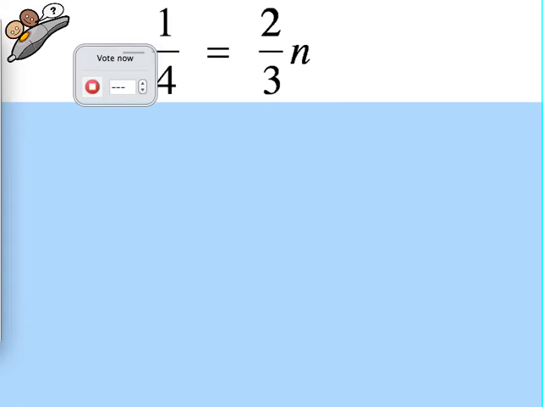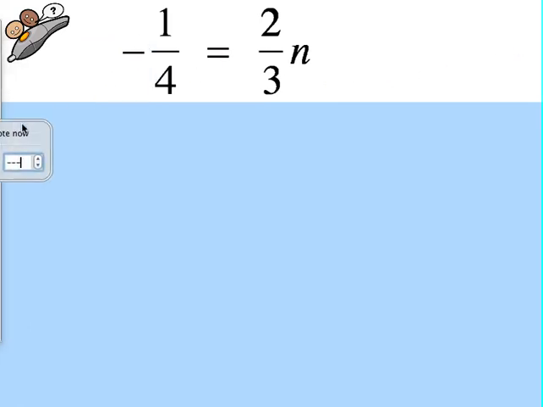This one's got a negative in there. Negative 1/4 equals 2/3 times n.